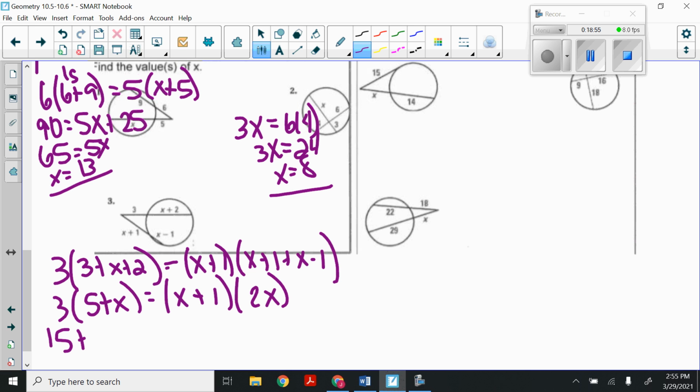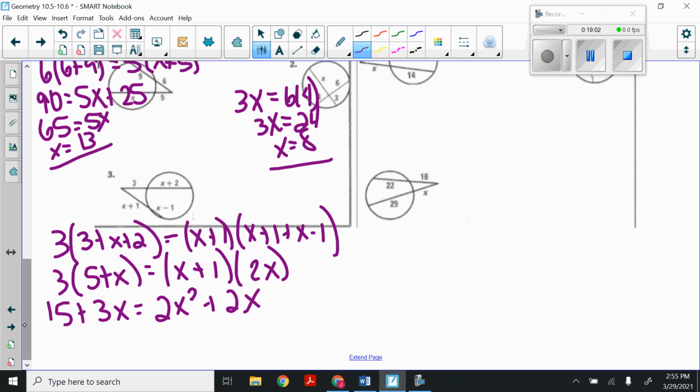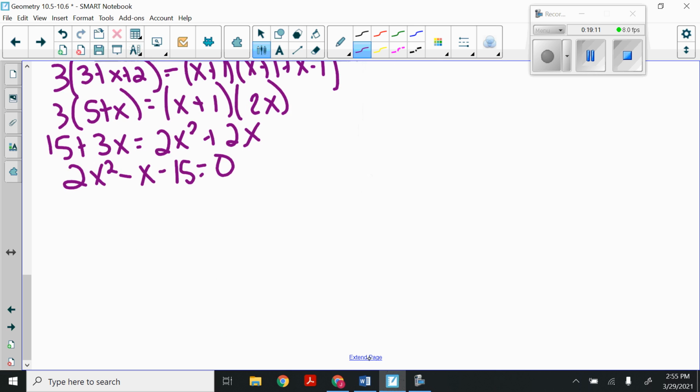So 15 plus 3x equals 2x squared plus 2x. Get everything on the same side, so I have 2x squared minus x minus 15 equals 0. Let's see if this will factor.